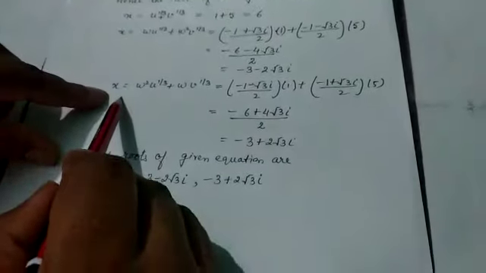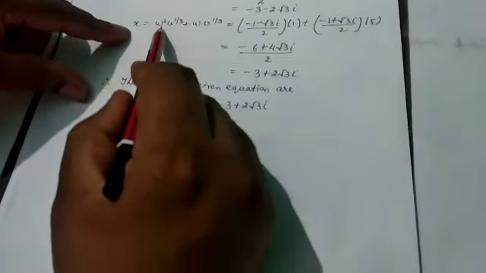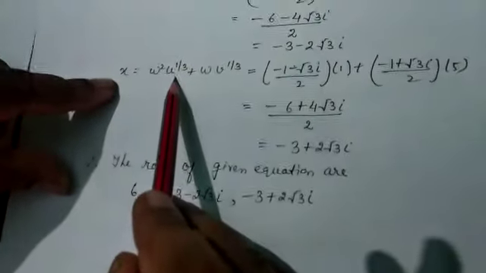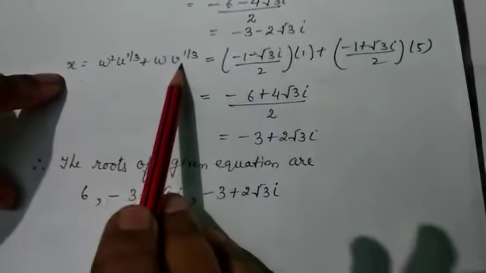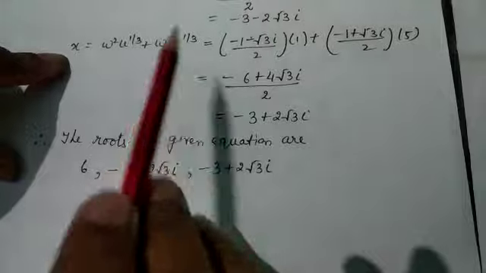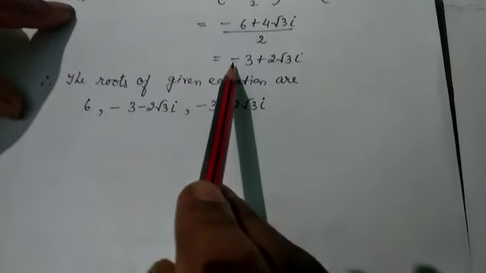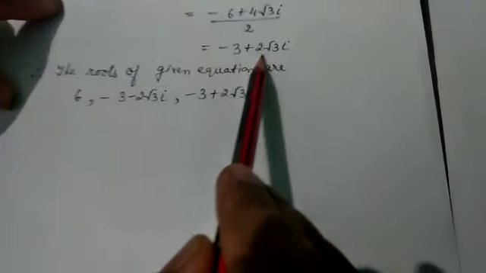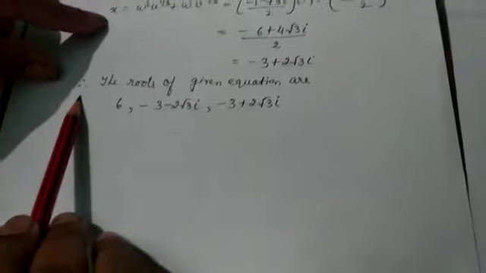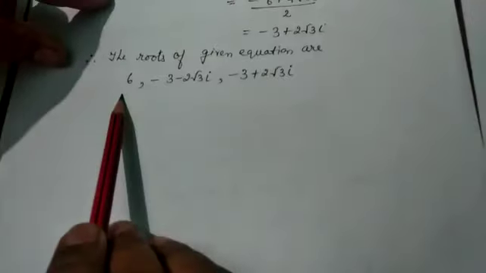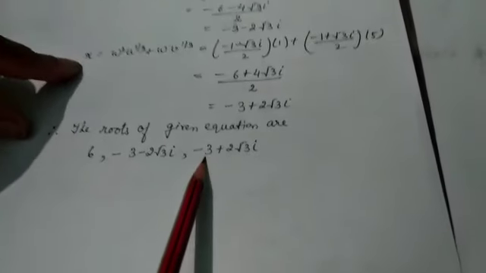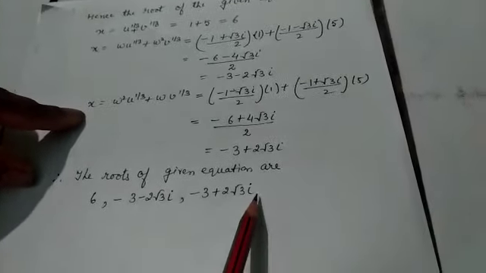In the same way, the third value of x will be omega square u to the power 1 by 3 plus omega v to the power 1 by 3. By putting the values of omega square and omega, we get minus 3 plus 2 root 3i. Therefore, finally, the roots of the given equation are 6, minus 3 minus 2 root 3i and minus 3 plus 2 root 3i.